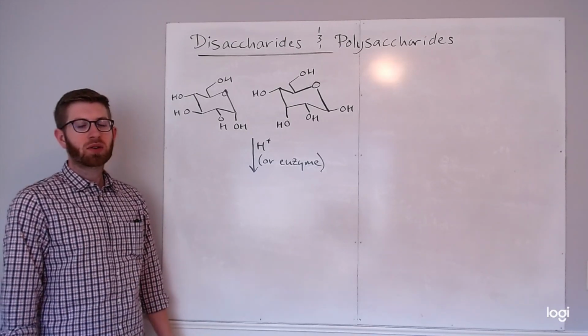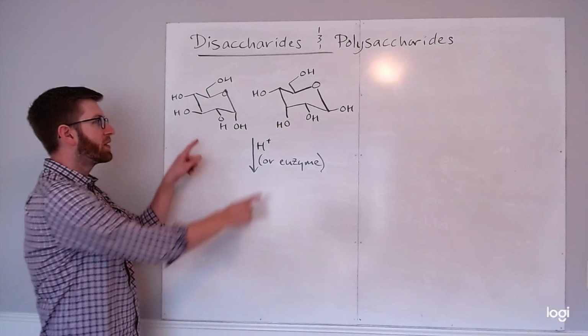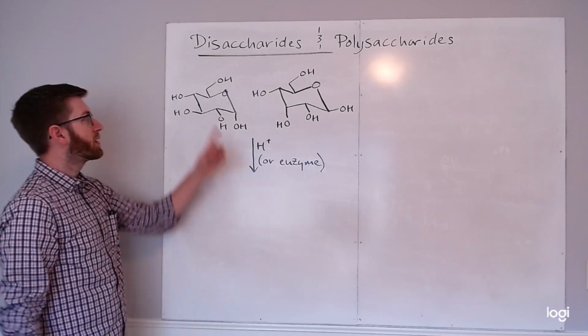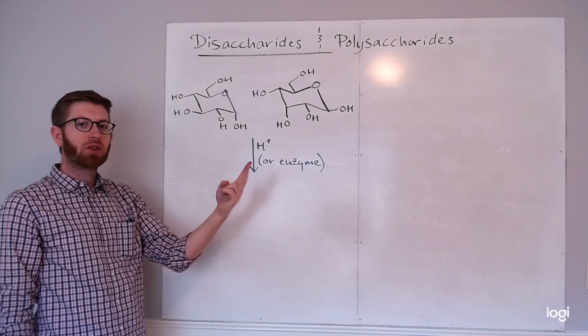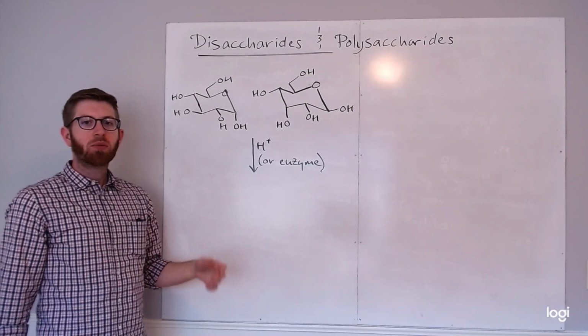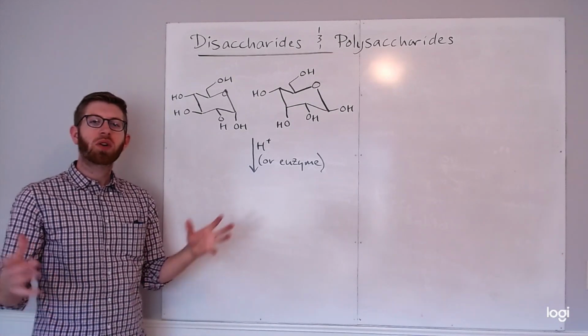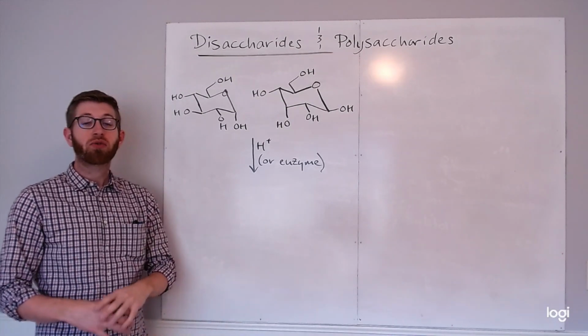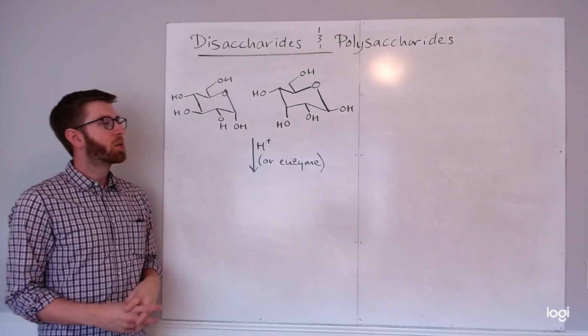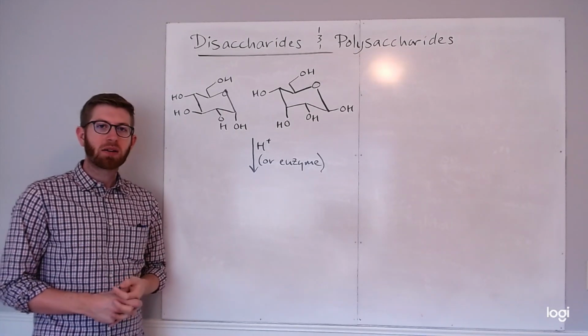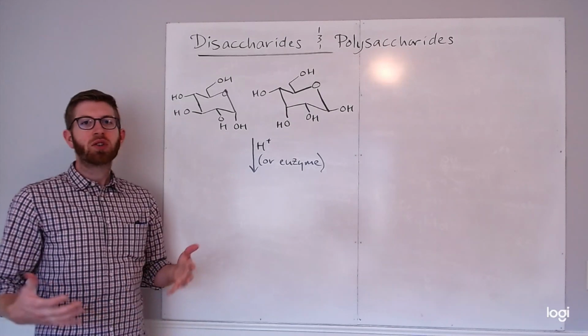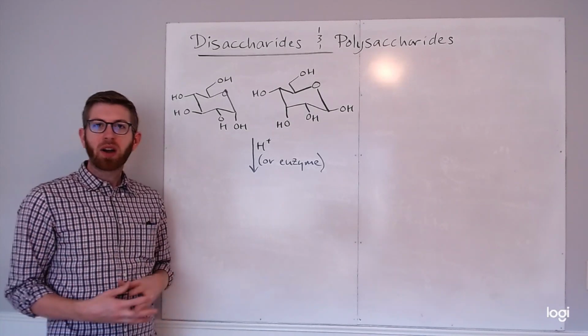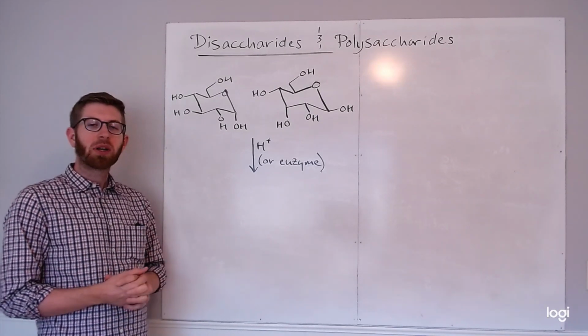We typically describe these chains, if there's just two individual carbohydrate units, as a disaccharide, so di for two. But these chains can become quite long. They can have 10, 20, 30, 40 sugars attached in a variety of different arrangements, and so we call those structures polysaccharides. You can imagine using other nomenclature as well. A trisaccharide, for instance. I'm sure you can figure out what that might mean.